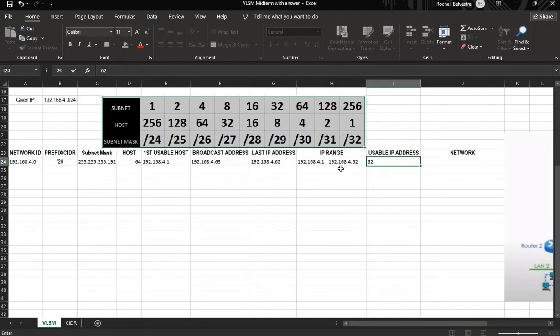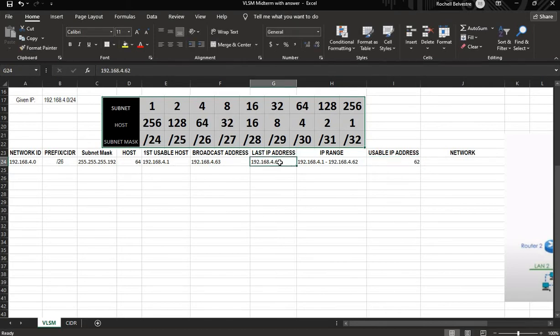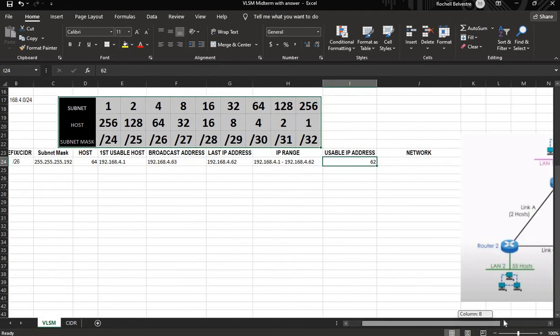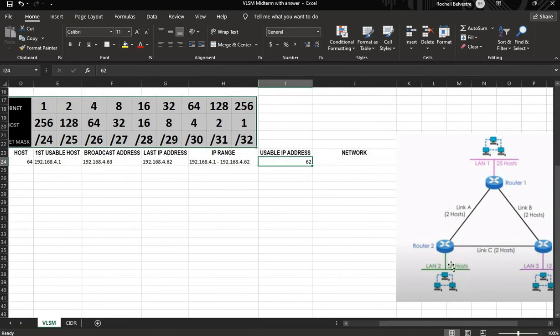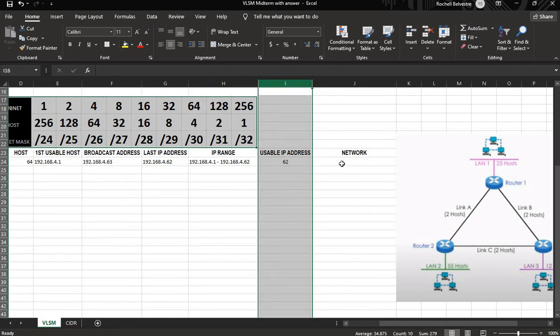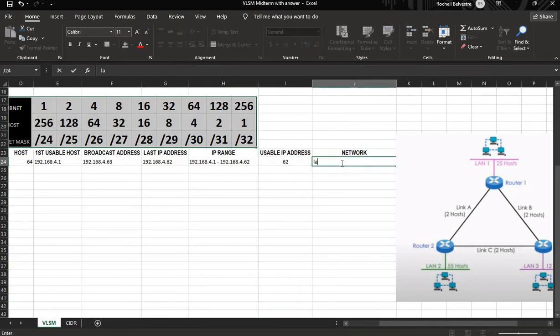For example, 192.168.4.62 minus 192.168.4.0 equals 62, which is the number of usable IP addresses. So in this network we have 62 hosts available, and our given requirement is 55. So this is good. We're going to center this one, and this is LAN 2.